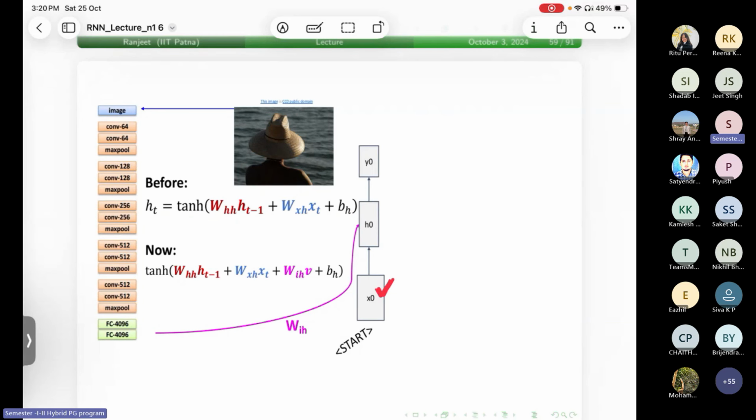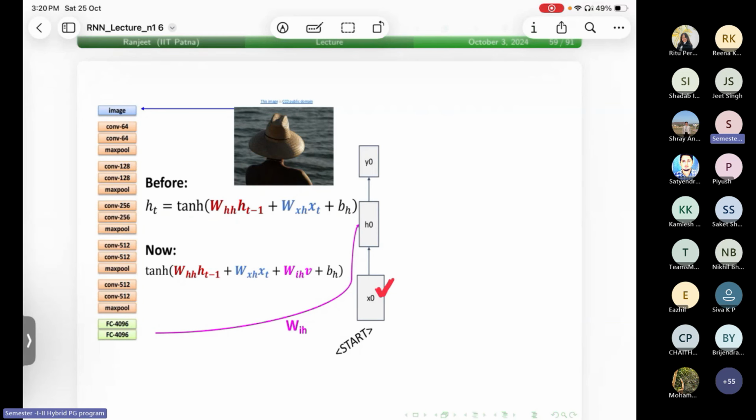In this way we are going to generate all those words, and at the end, since you have to end somewhere, we have an end token. That is like an end character. When your end character comes, you have to stop there. Just like you start from the start word, in a similar way you will have the end word also.